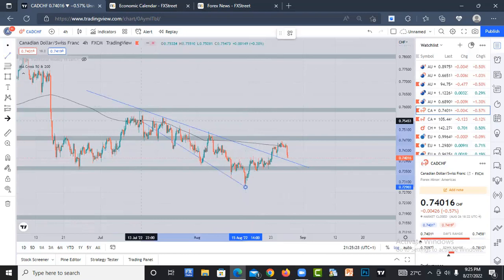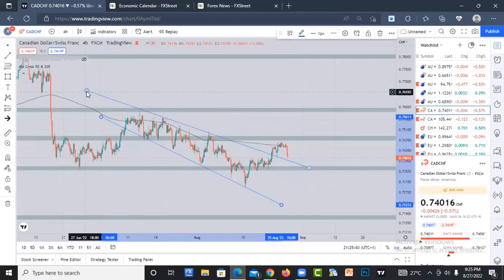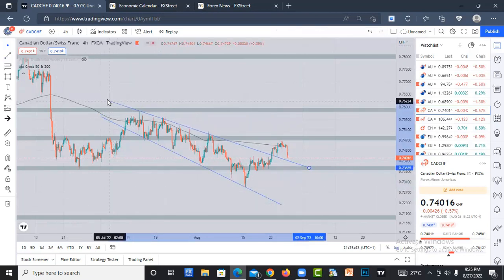I hope you are getting it. Yeah, so I'm trying to do it right now. I'm trying to draw our chart patterns. Trying to look for a chart pattern around here.